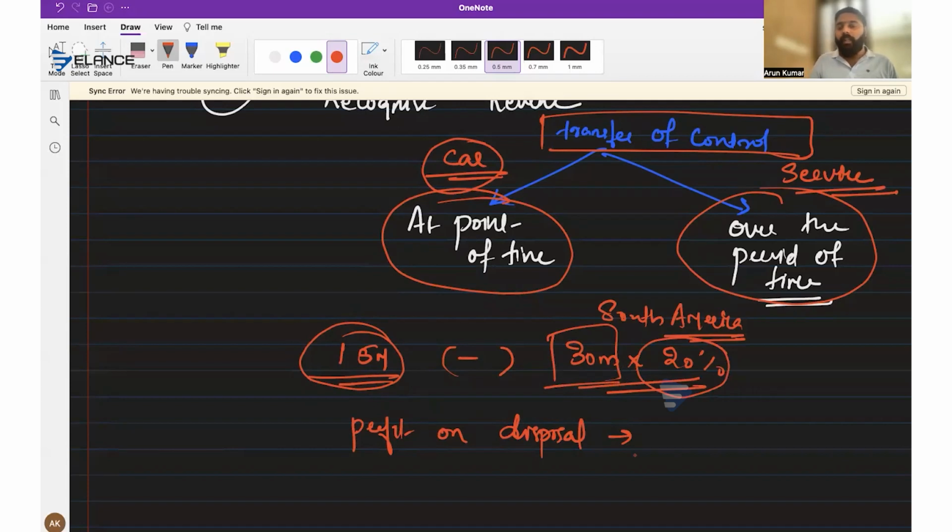So how much will be the total profit, guys? The profit on disposal? 9 million. Is that clear, everyone? This scenario, is that clear?